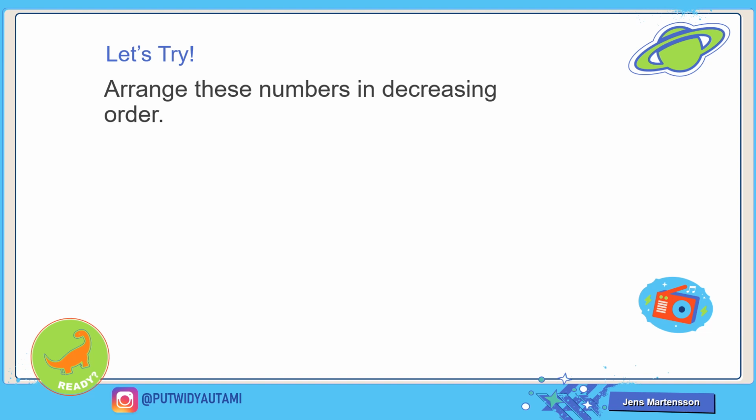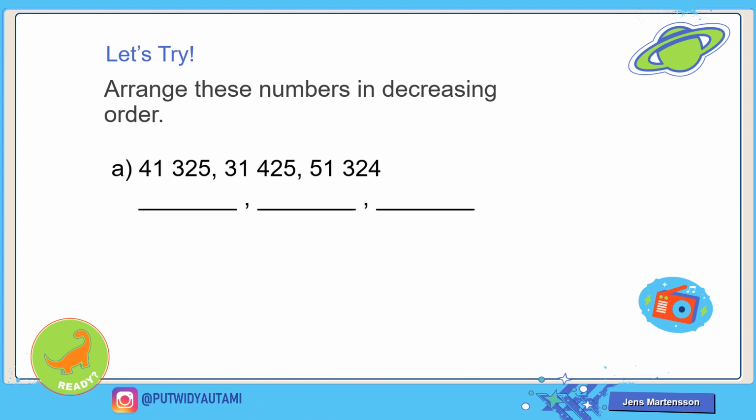Let's try. Arrange these numbers in decreasing order. Decreasing means from the biggest to the smallest. Let's try. We have 41,325 and then 31,425 and 51,324. We can compare them using table or just look at the digits.